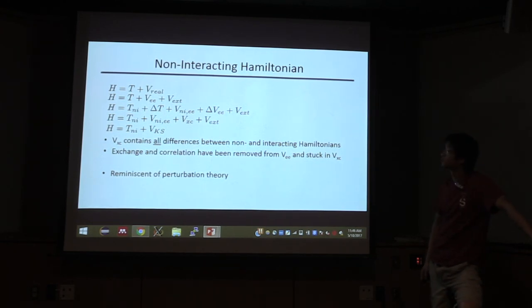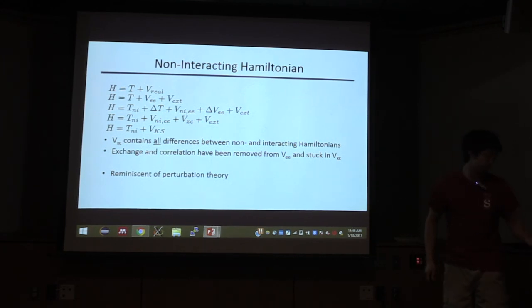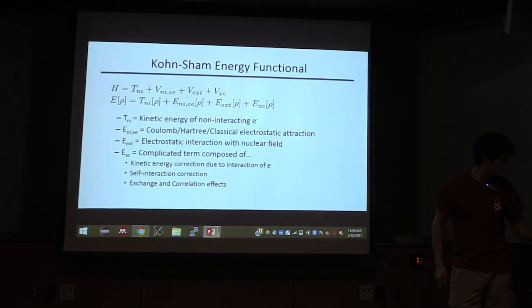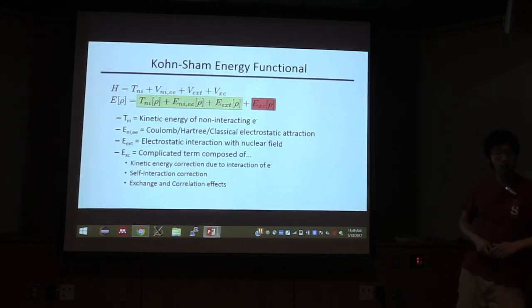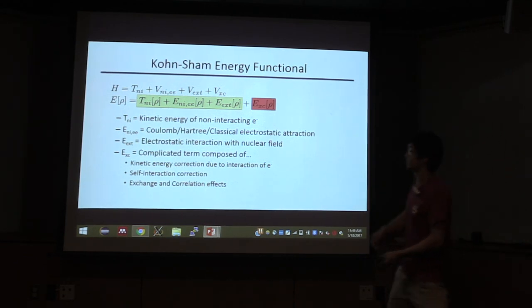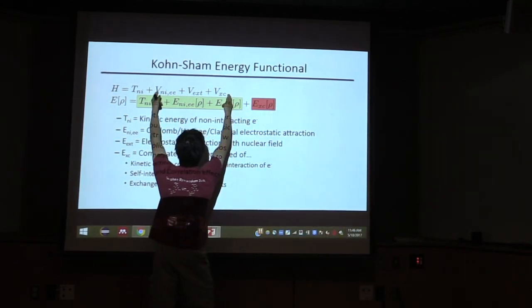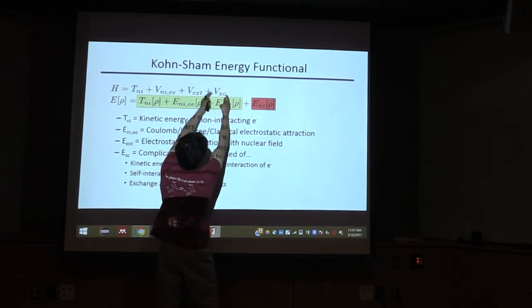Why is V_non-interacting not incorporated in Kohn-Sham? Why is the third line going to the fourth line? I'm just saying V_KS is all three of these added up together. In the next slide, you said that we know E_NI and T_NI, but we don't know those last two terms. So V_KS is just these three terms put together, and we don't know the entirety of V_KS because we don't know this one term.